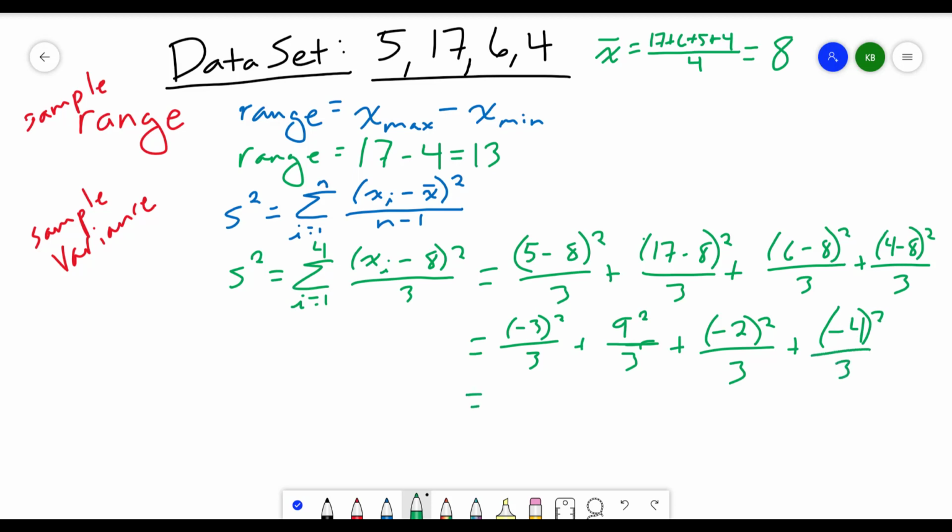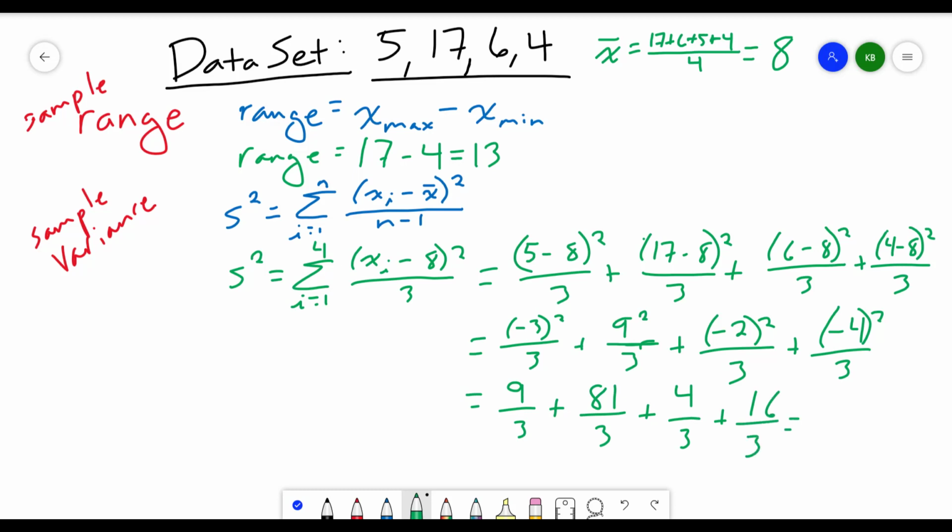And I keep working this out. Negative 3 squared is 9, divided by 3. 9 squared is 81, divided by 3. Negative 2 squared is 4, divided by 3. Negative 4 squared is 16, divided by 3.